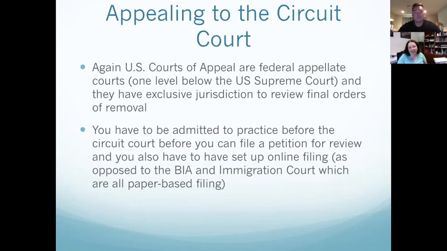And obviously, in the Ninth Circuit, we have e-filing, which is so wonderful, as opposed to the paper filing with the BIA and the immigration court, which may be changing in the near future. We just got a notice that they're going to start doing some e-filing finally with the BIA and the immigration court, but Seattle is not a pilot court, so we'll have to wait a little bit longer for that. Next slide.